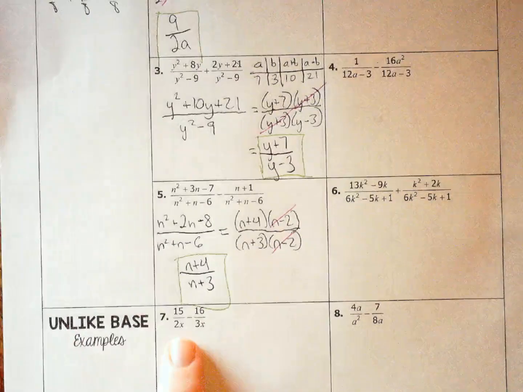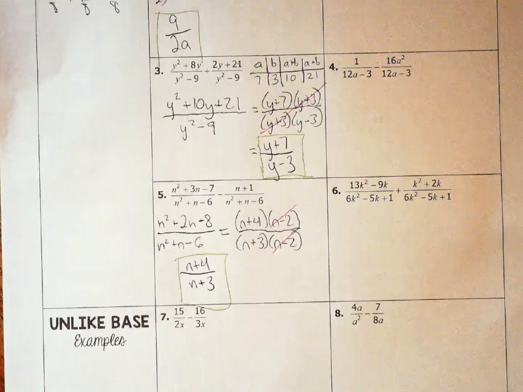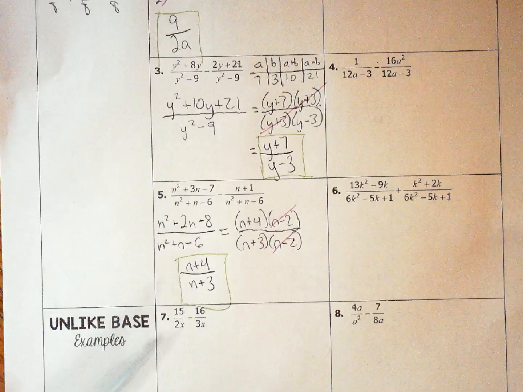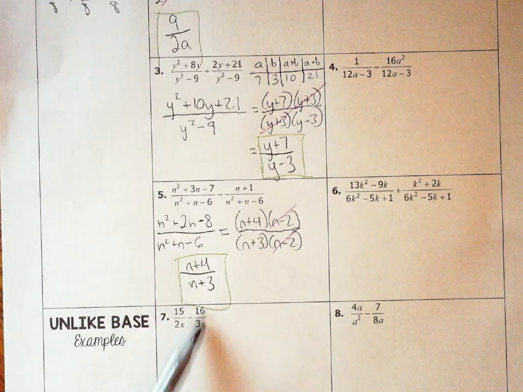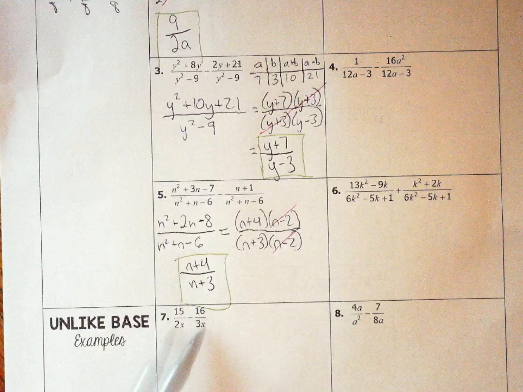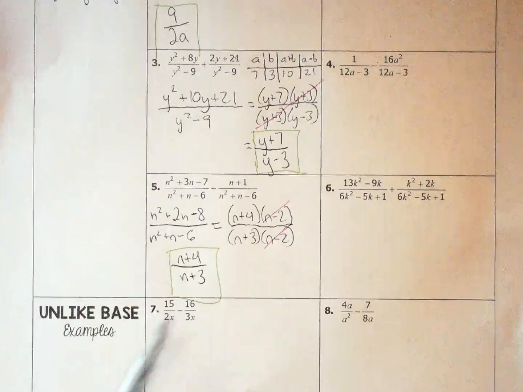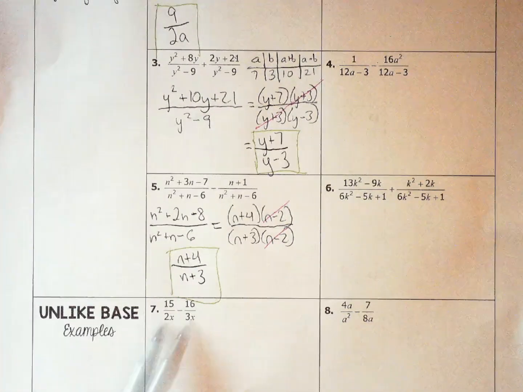When we have unlike bases, we have to get like bases. And to get like bases, or to get common denominators, as I usually say, we have to take each denominator and multiply the other fraction, top and bottom, by that denominator. Or at least multiply something that gives them the same denominator.